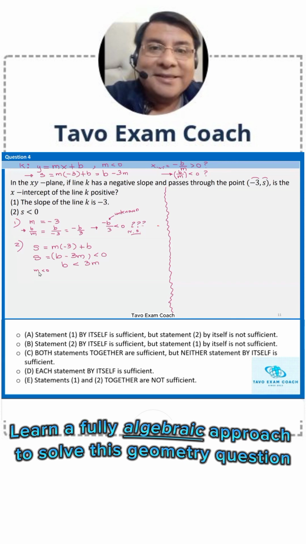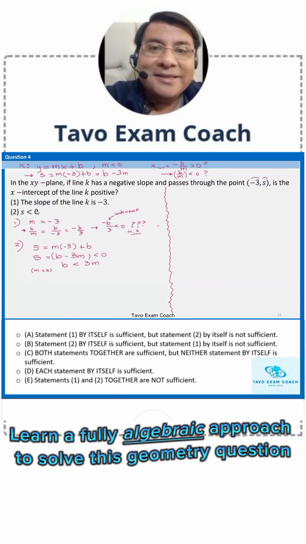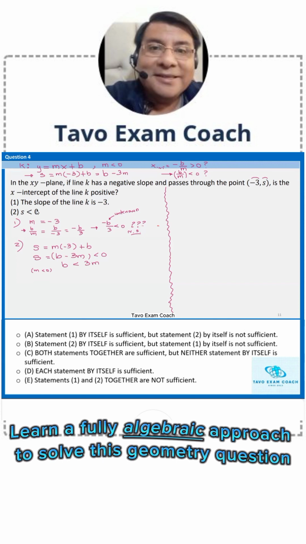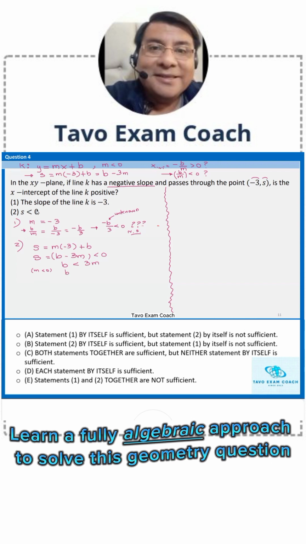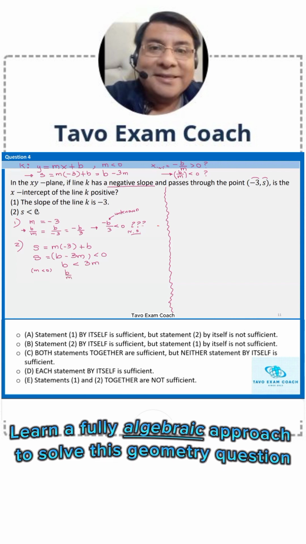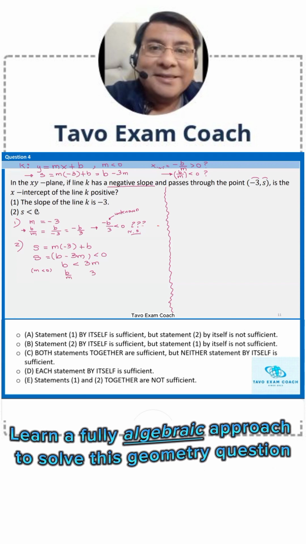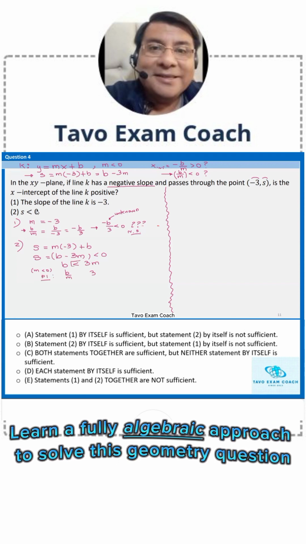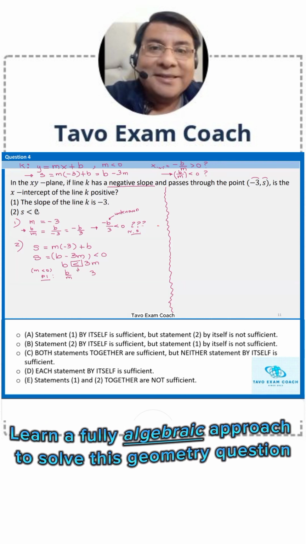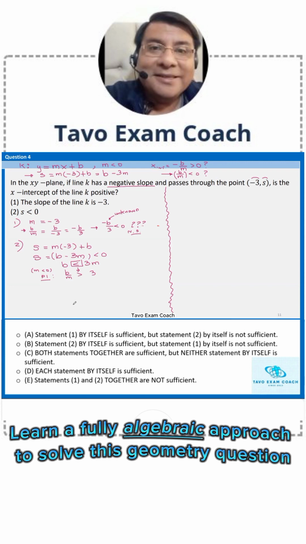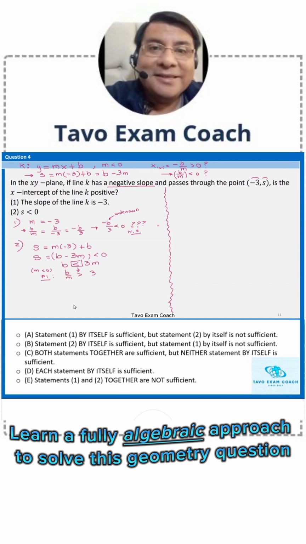We are not told exactly what is the value of m in statement 2 alone, but we were given the sign of the slope prior to the question here. So if we divide by m, we get b over m on the left side, 3 on the right side, but because of property 1 of inequalities, the direction of the inequality symbol must be reversed. So we get that b over m is greater than 3.